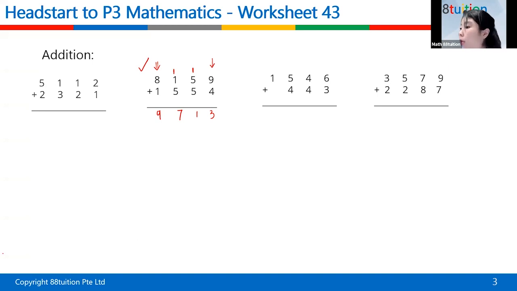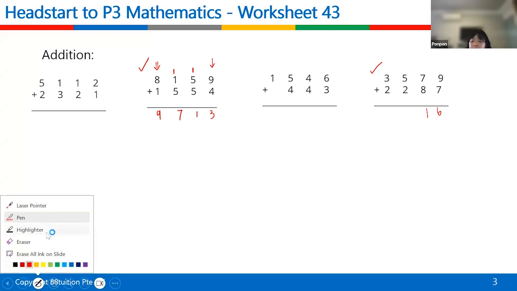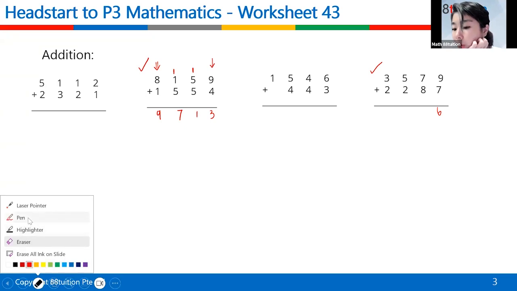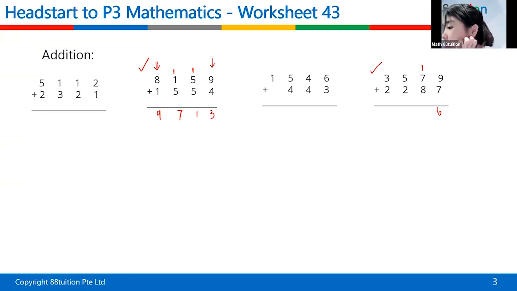Pon, can you do this sum for me? Let's sum up the ones first. 16. Do I write it like that? No. What should I do, Pon? Put the 1 on the 7. So I bring the 1 over to the tens column and write it on top of the 7.